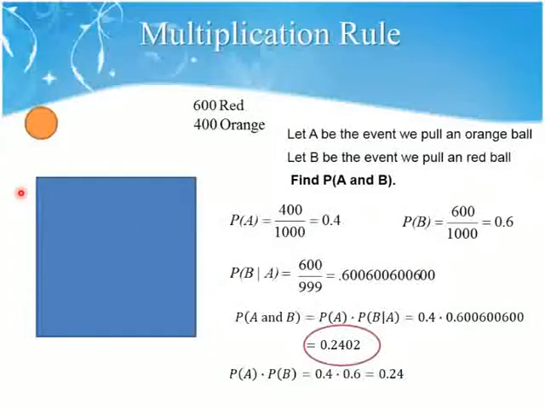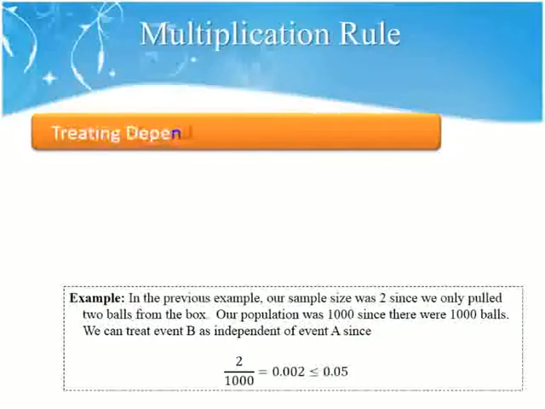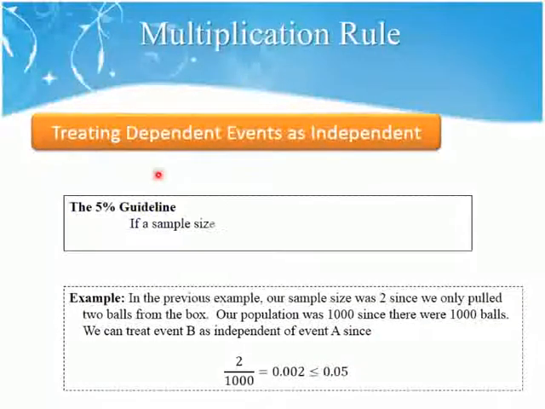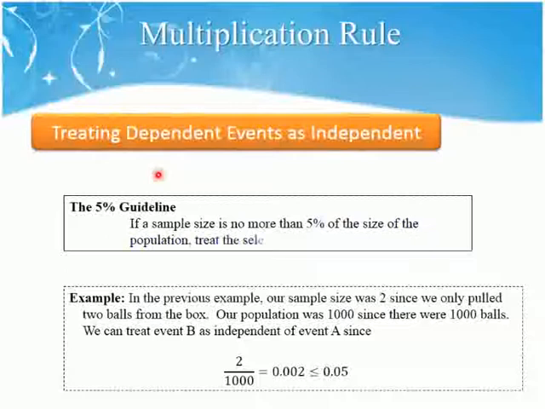So we have a rule of thumb that tells us when we can treat dependent events as independent. In other words, we can do the calculation the wrong way under certain conditions. Treating dependent events as independent, we have a 5% guideline. If the sample size is no more than 5% of the size of the population, we can treat the selections as being independent.